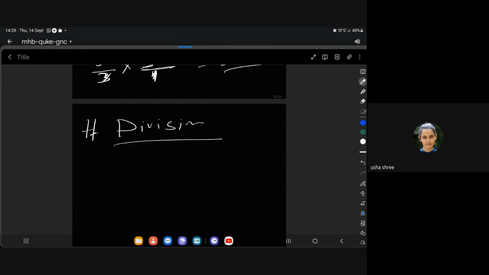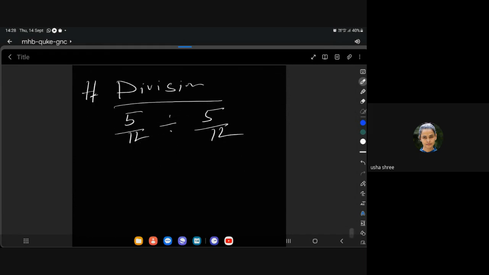Now division. Suppose you write 5 by 12 divided by 5 by 12. How will you divide? There is a small change.